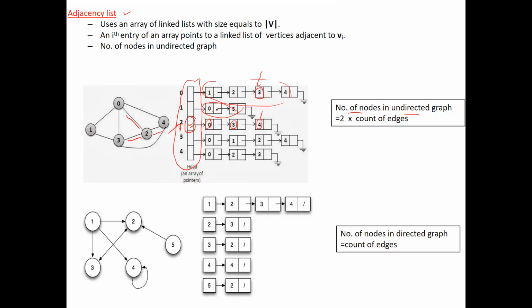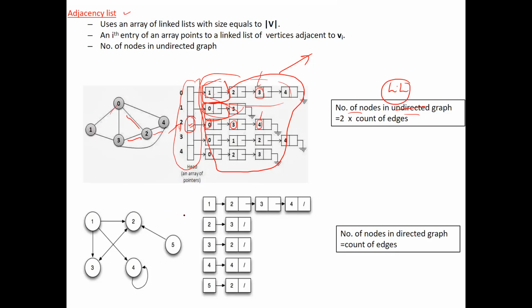If you carefully note, these are the number of nodes in the linked list representation of the adjacency list: it will be 2 times the count of edges. If there is an edge 0, 1, the entry for 0, 1 will be this node, and similarly the entry for 1, 0 will be this node. That means it will be 2 times the count of edges because of the symmetric nature of the undirected graph.